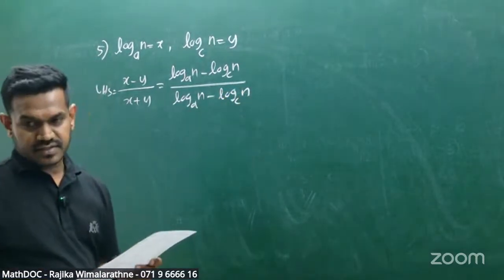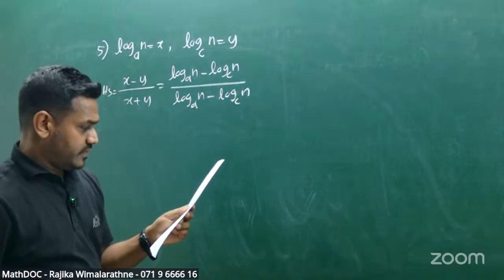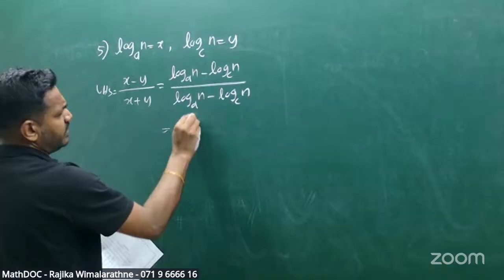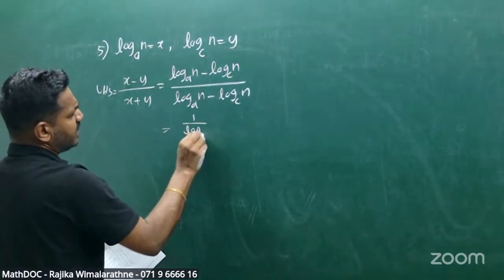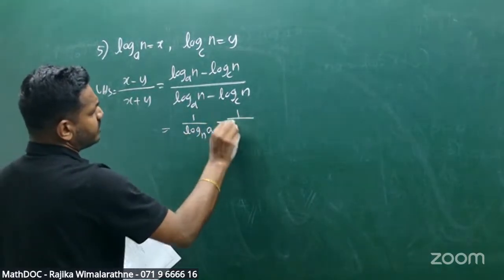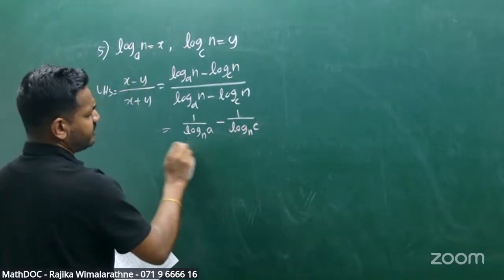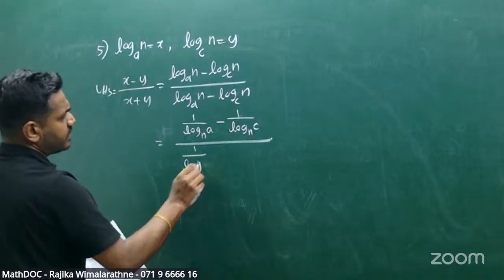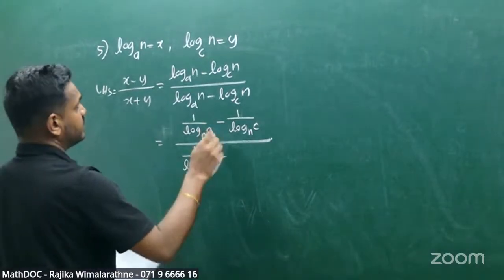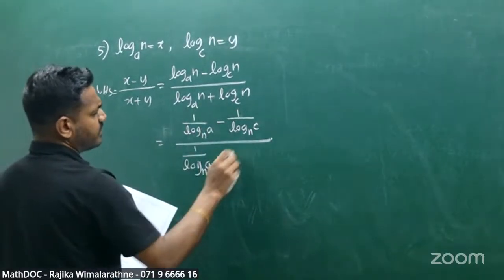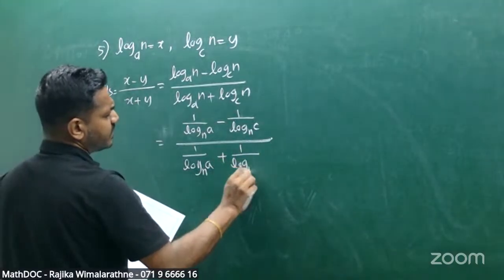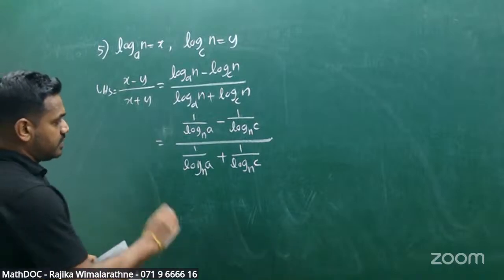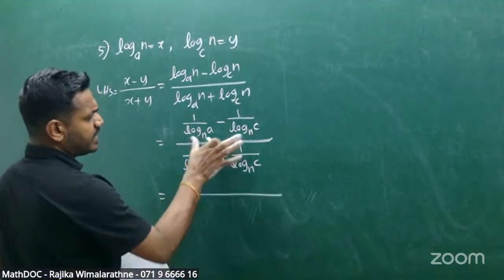But here now you get a common denominator. Downstairs: 1 over log n base a, 1 over log n base c. Then get the common denominator.